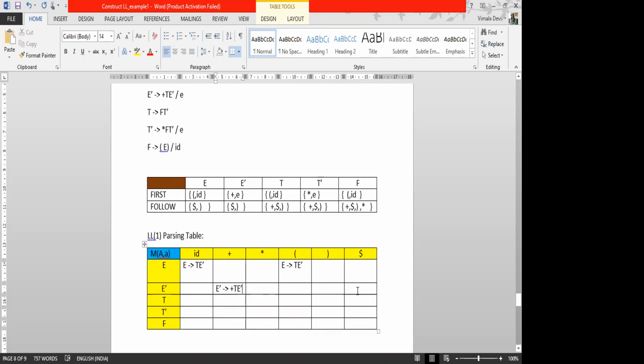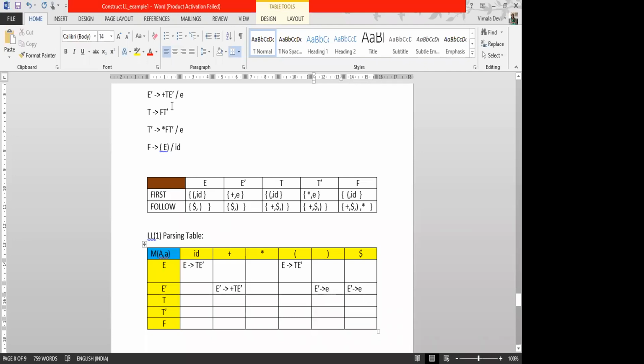So let me write it here. E dash derives epsilon. I have to fill in the follow set of E dash, which is dollar, and another symbol is the close parenthesis. E dash derives epsilon. I hope you had understood this.